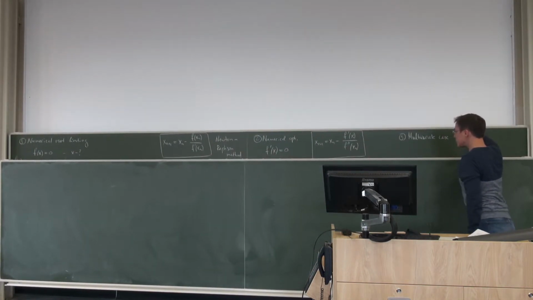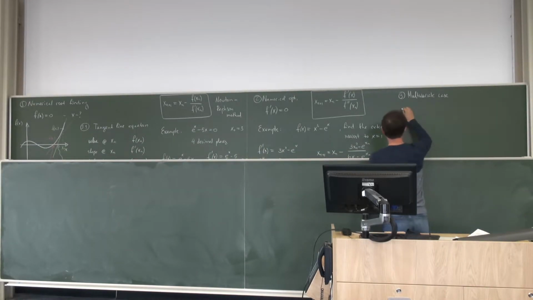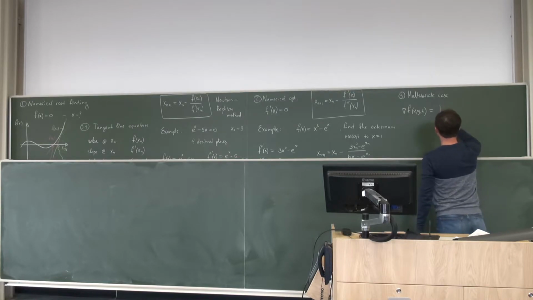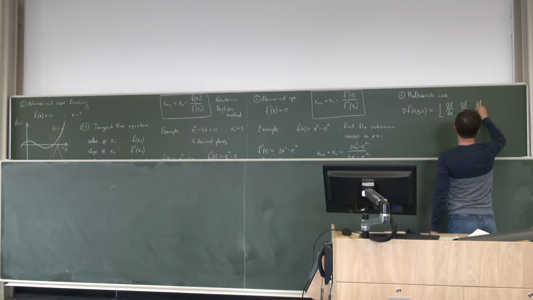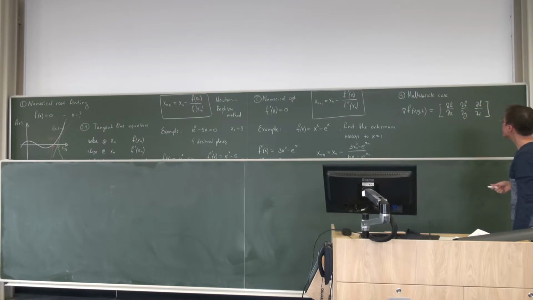When I introduced partial derivatives, I already mentioned that quantity. The gradient of f, for x, y, z, or more if you have more variables, is a vector df by dx, df by dy, df by dz, and further terms if you have them.